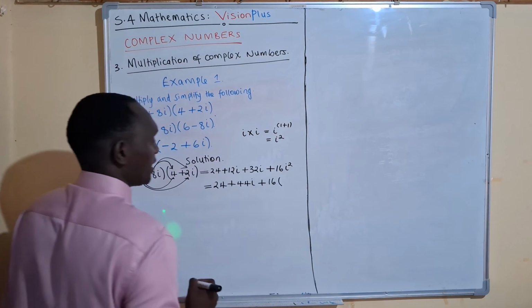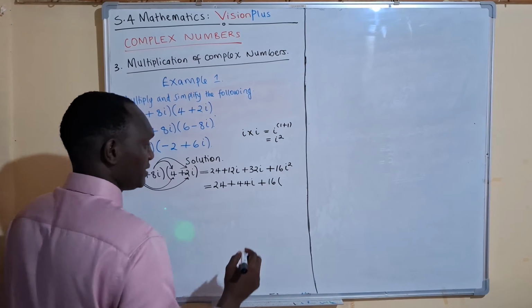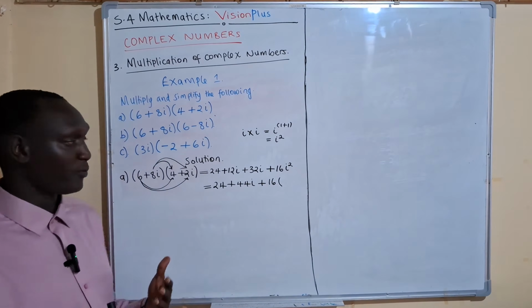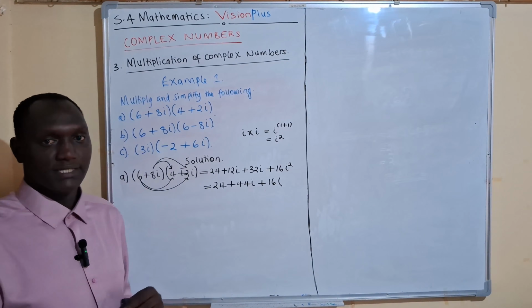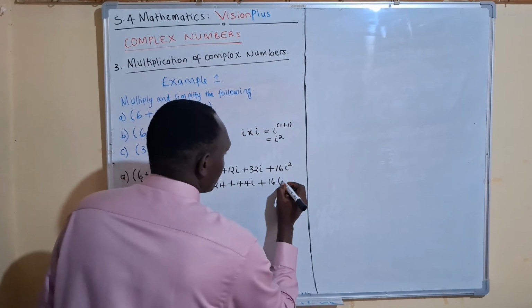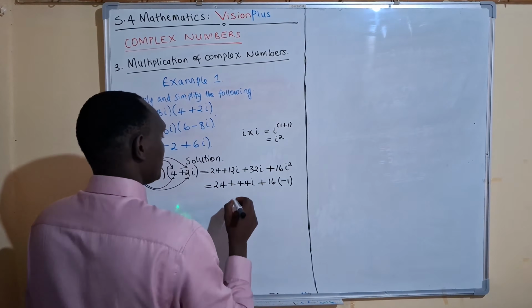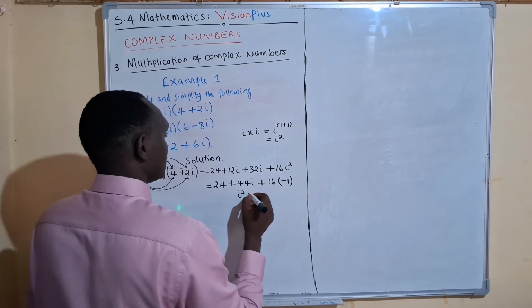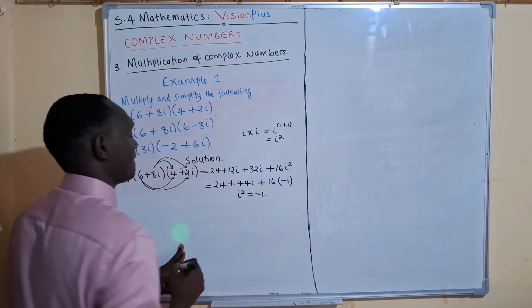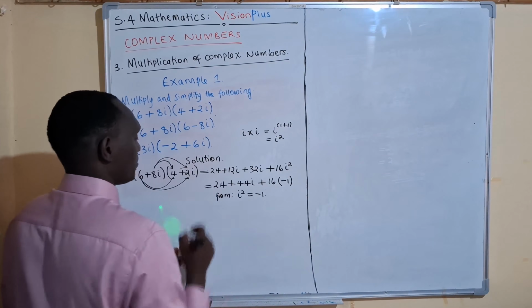But what is i squared? We say that from Euler's property, which is the basis for complex numbers, i squared is negative 1. So instead of i squared, we shall put here negative 1. Why? Because i squared equals negative 1. That is from that Euler's property.